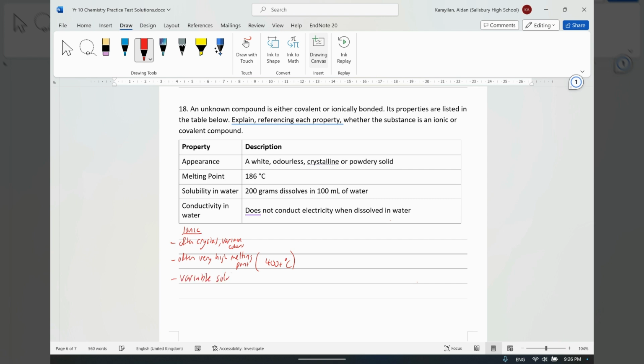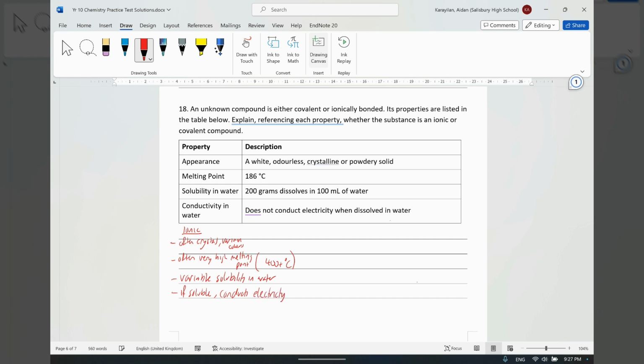Now they have variable solubility in water, which means sometimes they do dissolve in water, other times they don't. So the fact that something dissolves in water doesn't mean it is one or the other. But if soluble, they conduct electricity.